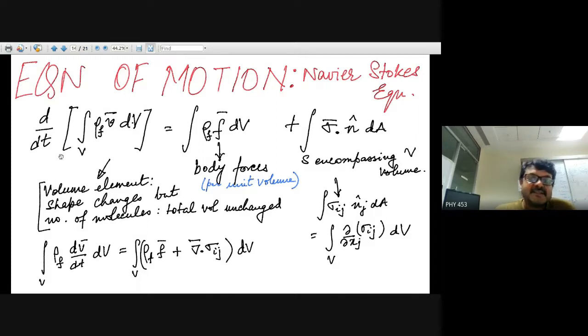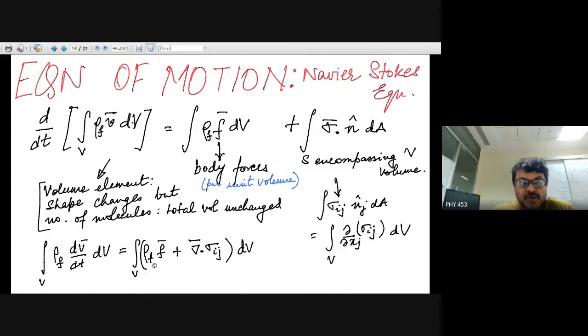So hence this equation can be written down as rho f, and here by writing rho f outside, I have assumed that you have practically an incompressible flow, right? Ideally, I should have kept it inside, but this term comes from here.